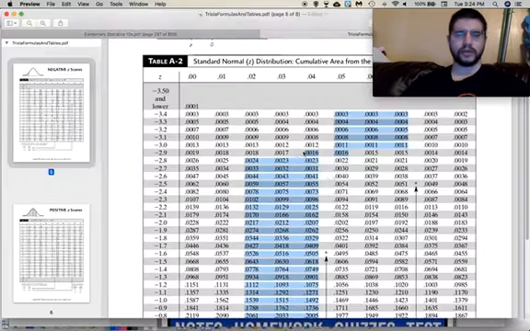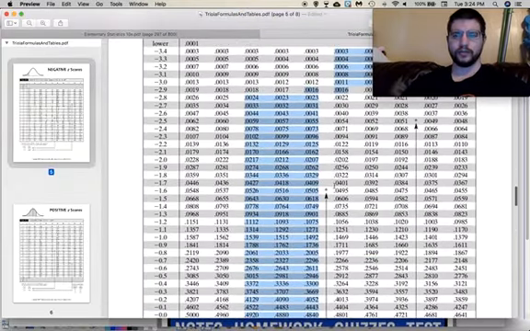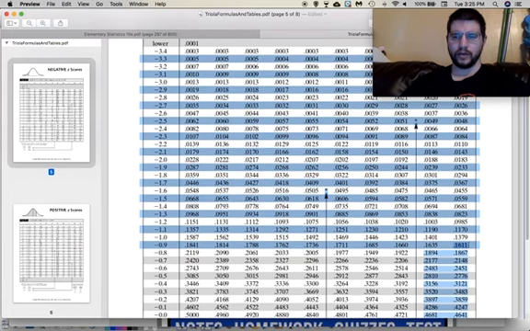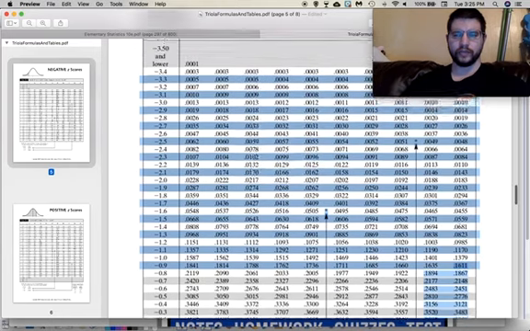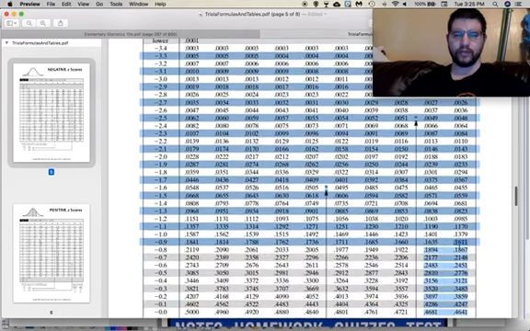What am I looking for? 0.16, not 0.016. Okay, getting close here. There we go. So we have 0.1611 and 0.1587. So this is 13 10,000ths away. This is 11 10,000ths away. We're going to use this one. Negative 0.99.